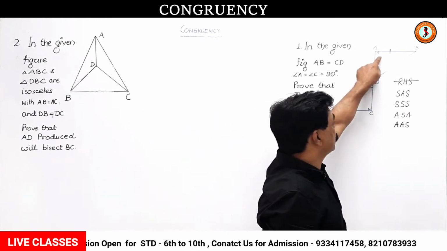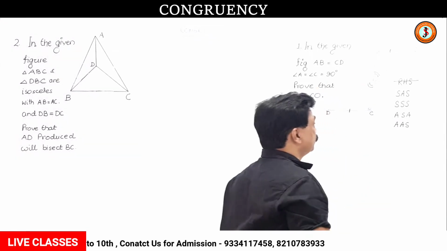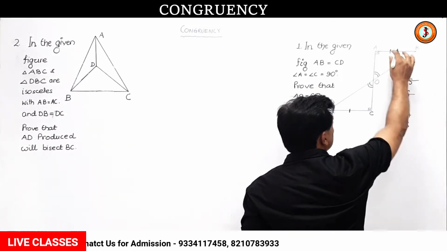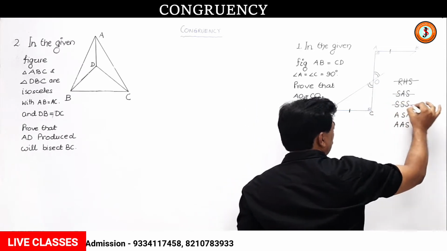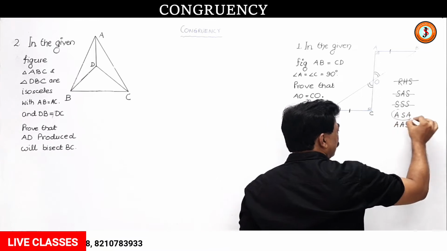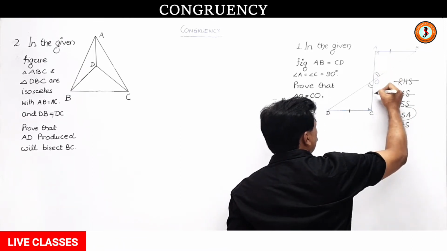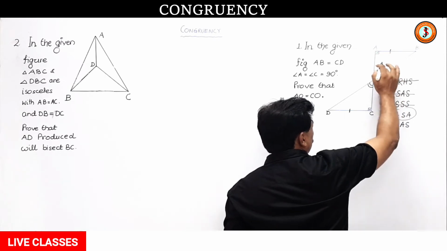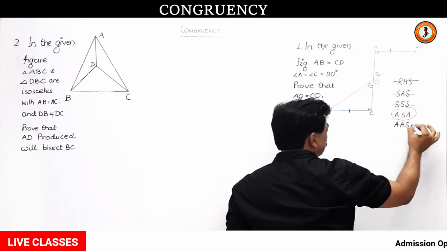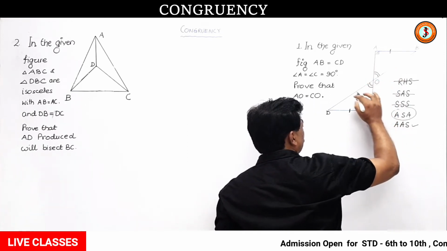What is the hypotenuse? The side in front of the right angle, which is not given as equal. Then two sides are not given, only one equal side I can see, so SSS also does not occur. Angle side angle I cannot apply because angle side angle means the included side between the equal angles. So the last is right: angle angle side.